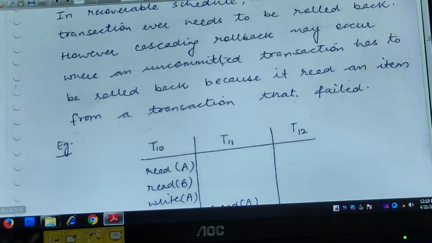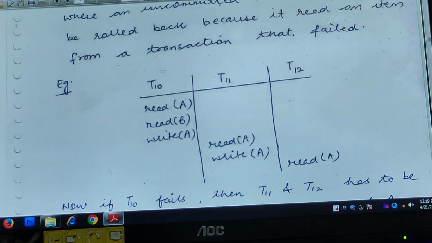Now suppose this is an example. We have transactions T10, T11 and T12. T10 performs a read on A, a read on B, and a write on A. T11 is reading a value of data item A that is written by T10. T12 is reading a value of data item A that is written by T11.